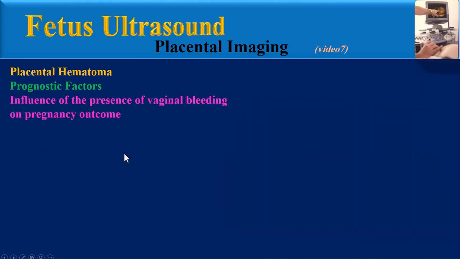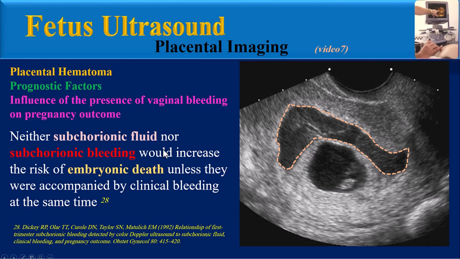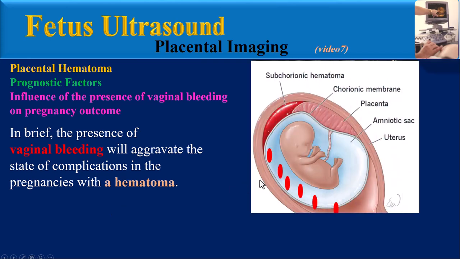Influence of the presence of vaginal bleeding on pregnancy outcome. Neither subchorionic fluid nor subchorionic bleeding would increase the risk of embryonic death unless they were accompanied by clinical bleeding at the same time. In brief, the presence of vaginal bleeding will aggravate the state of complication in the pregnancies with a hematoma.